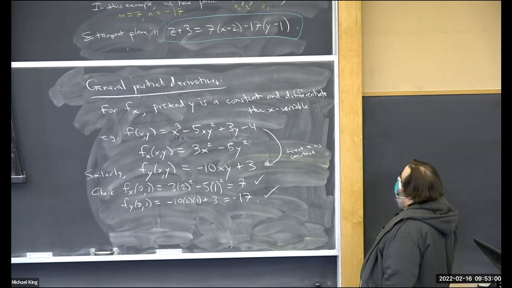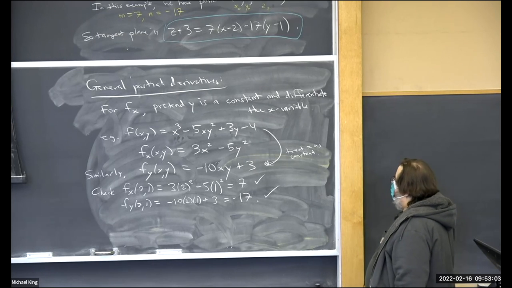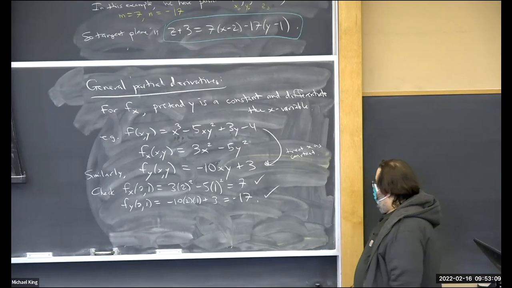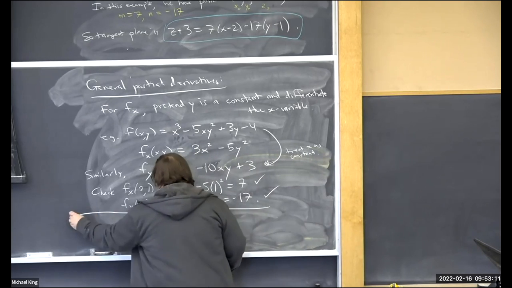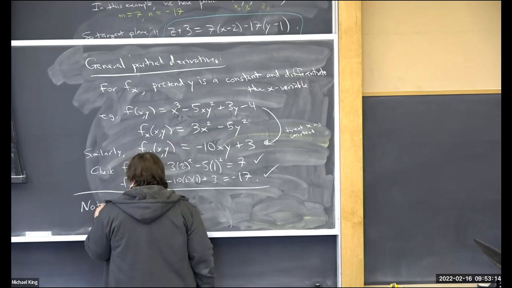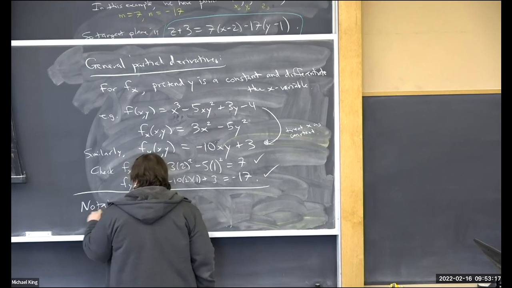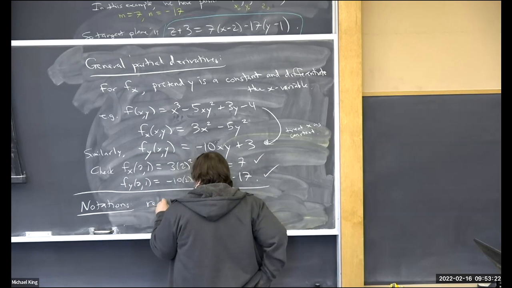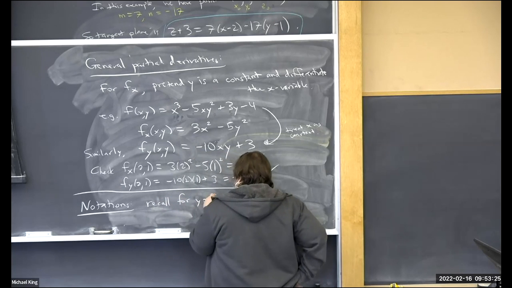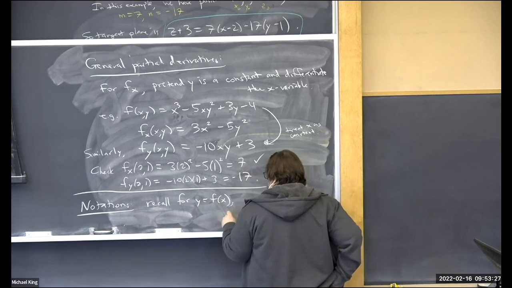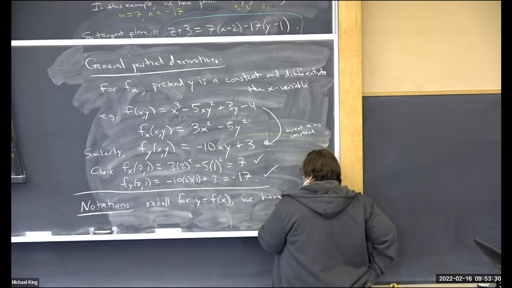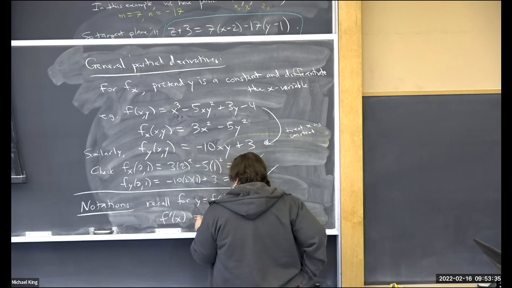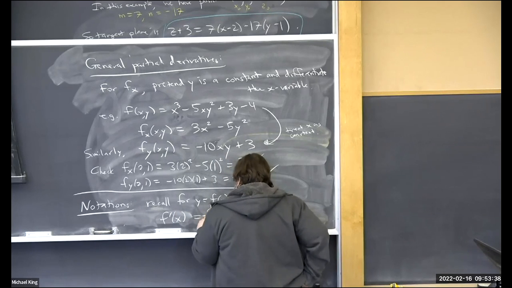Now then, maybe one other generality I want to say about partial derivatives is that there are a few different notations. It's worth mentioning. Recall for y equals f of x, we have at least 2 different notations, right? We have f prime of x, and we have dy over dx. That's the Leibniz notation.